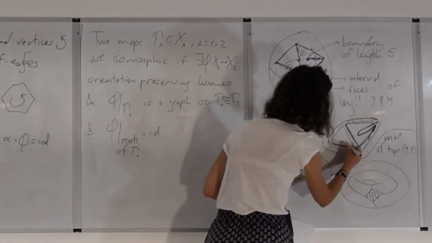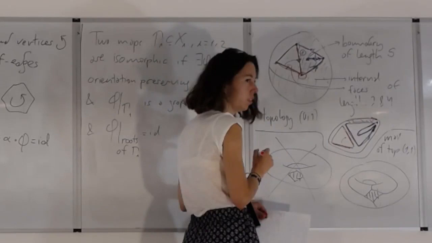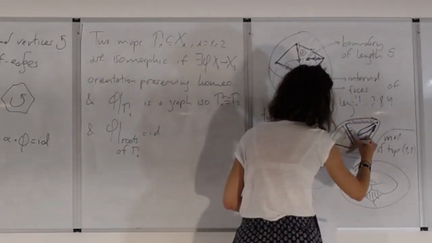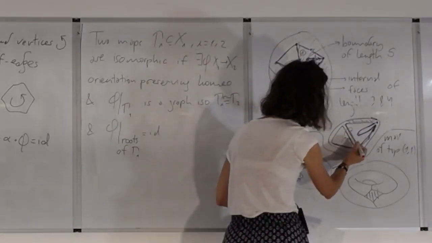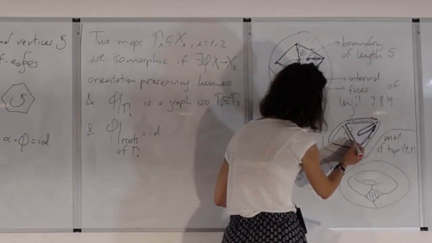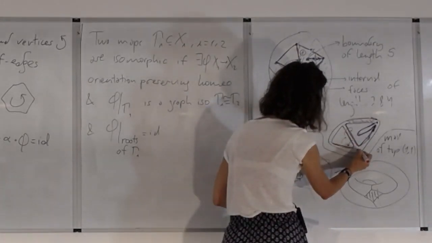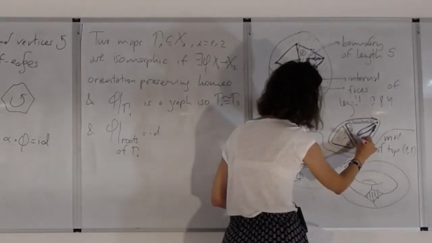So this one goes to this one by phi, then alpha just pairs it to the other half edge, and then sigma just takes it to the next edge in the vertex. So this is phi, this is alpha, and this is sigma.